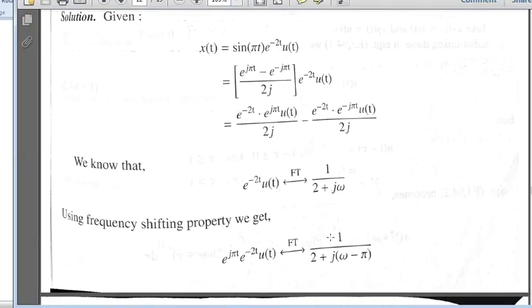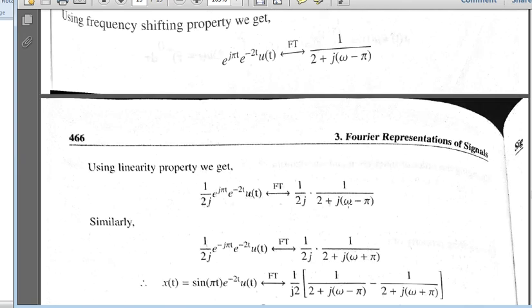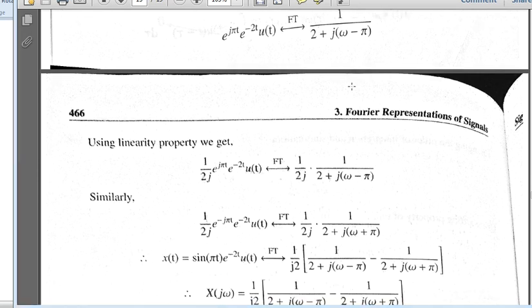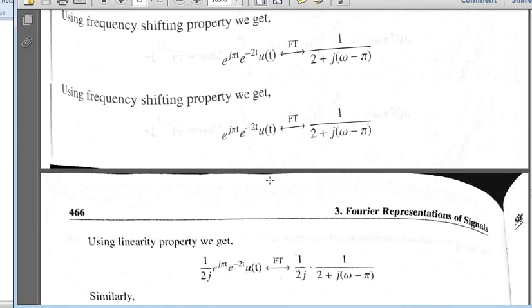For another also, e raised to j pi t. Now if it is e raised to minus j pi t, then it would be plus. Now if it is 1 by 2j e raised to j pi t, then 1 by 2j is a multiplication, it becomes 1 by 2j, the same thing what we have written. 1 by 2j is multiplied on either side because it is there in our problem.